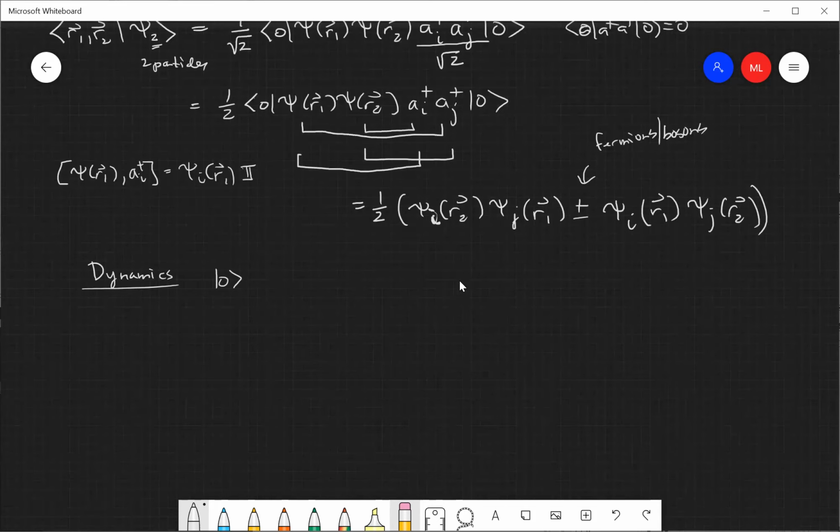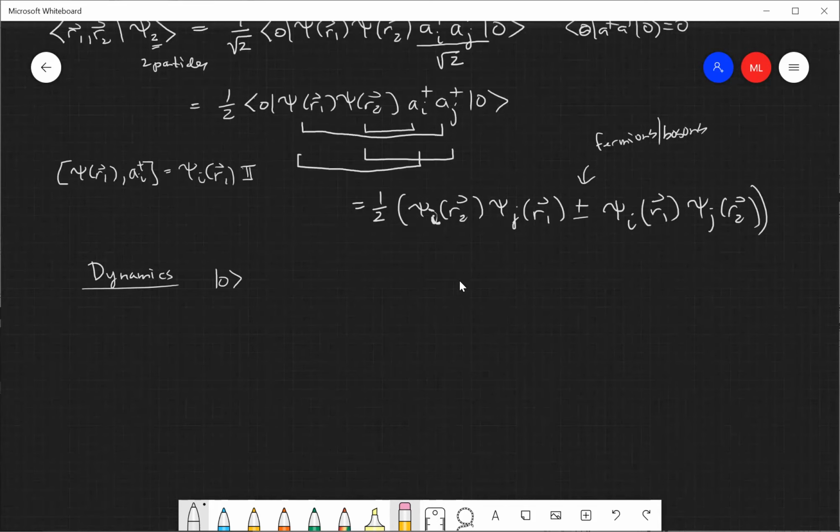It doesn't move, so it doesn't evolve. So there's no Schrodinger equation here because everything involves the operators. What's evolving in time, the dynamics, are the operators themselves, the creation and annihilation operators. That's what's evolving when you're doing second quantization.